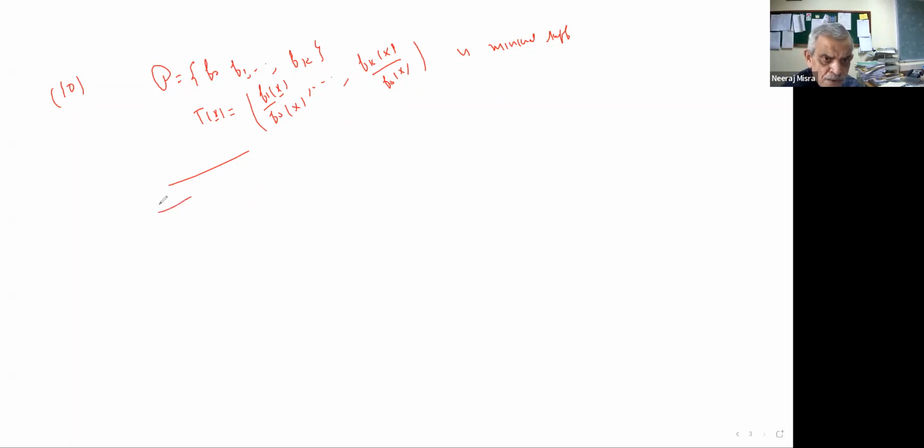So first type of proof is claim 1, T is sufficient. All right. So to show that T is sufficient, I can use the factorization theorem.